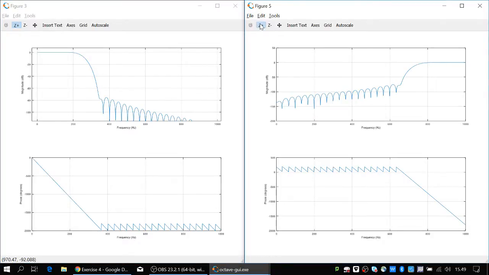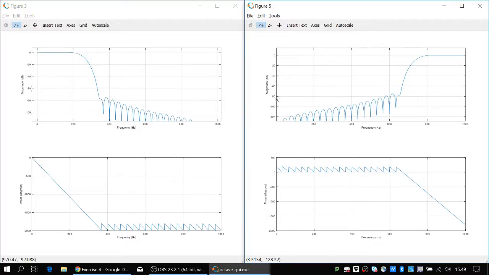Let me zoom it just about at the same range here, 100, maybe like that. Okay, so it's just the mirror image of the previous. It makes a lot of sense if you think of this operation, what it actually does.